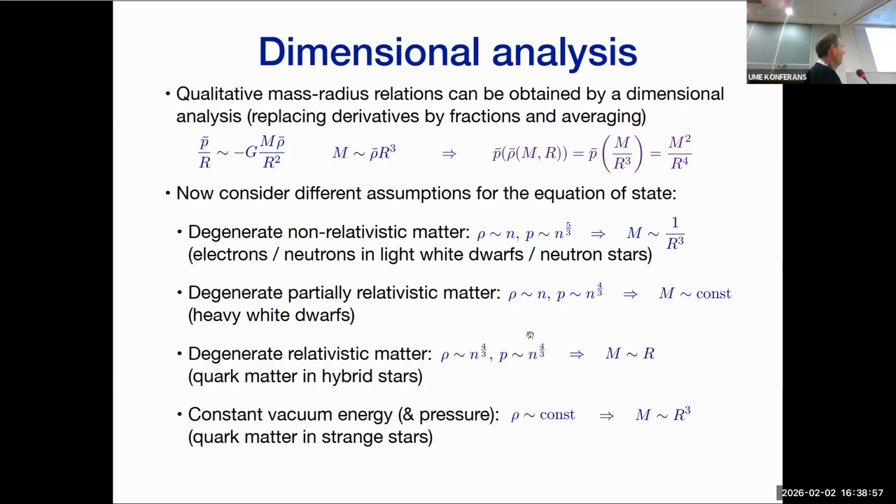If you solve this, that's exactly the instability that Yavu showed. You get that the mass is constant. That shows something is fishy here. The mass should depend on the size of the system, and that exactly signals that instability.